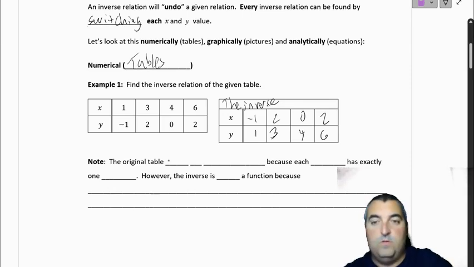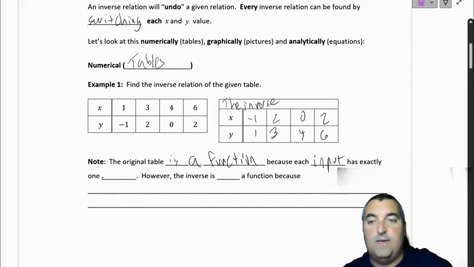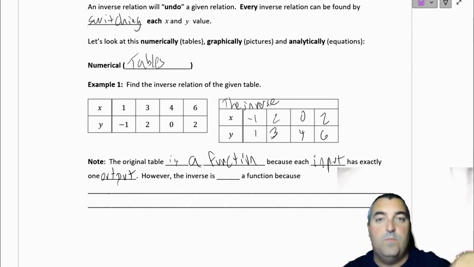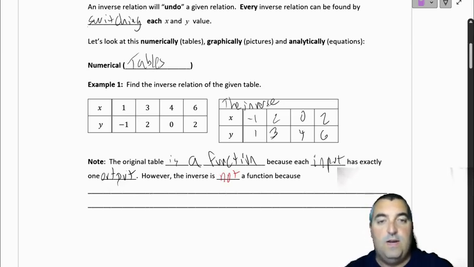Okay, so the original table is a function because each input has exactly one output, right? So you can clearly see 1 goes to -1, 3 goes to 2, 4 goes to 0, and then 6 goes to 2.